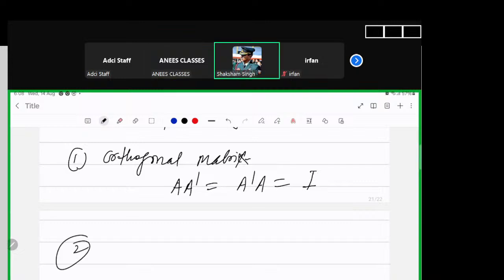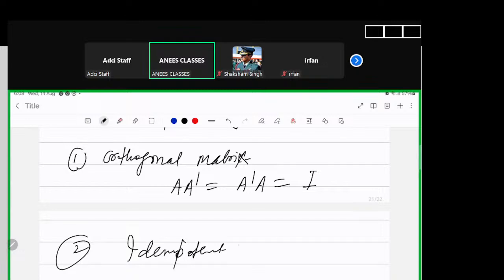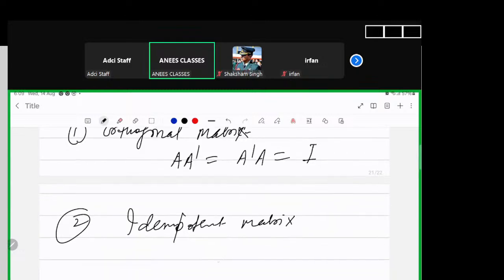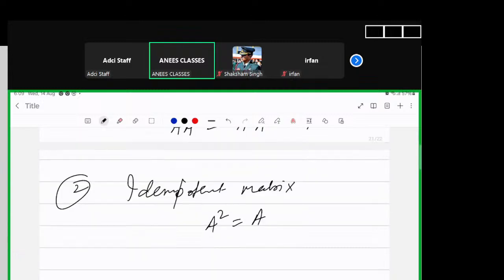Yes, sir. Now idempotent matrix. Idempotent matrix. Okay, Saksham?